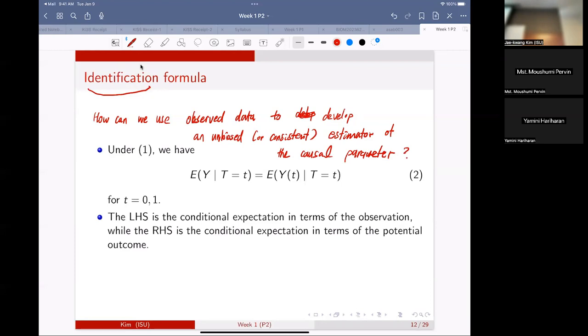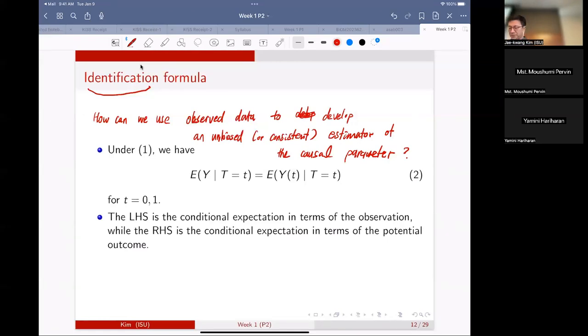So this is an important question, right? Because we only have observed data and some reasonable assumptions. And then we should use the assumptions to somehow develop the estimator.